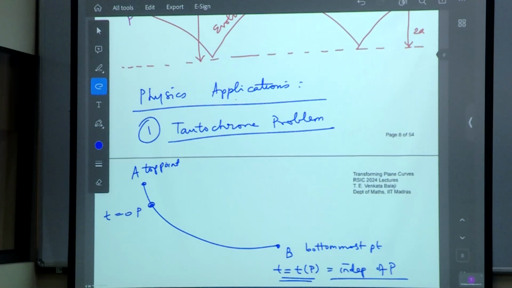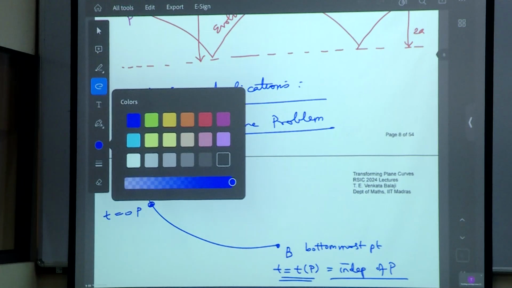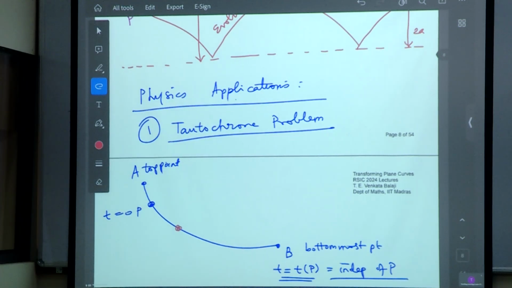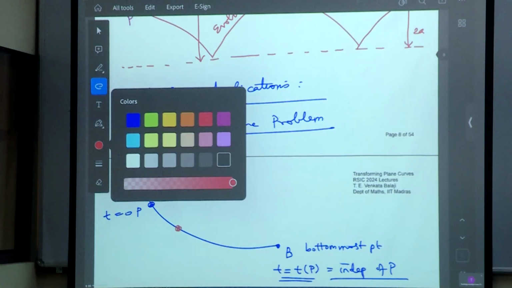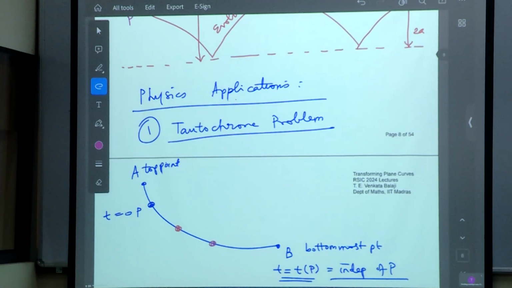What it means is that no matter where you put a bead, it will take the same time to come to the bottommost point. So if I put a bead here closer, and one more bead, let us say here, and I release them all at the same time, you see the purple one which is closest has to go slow.